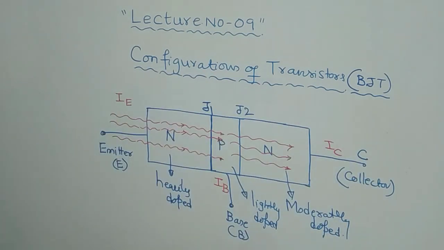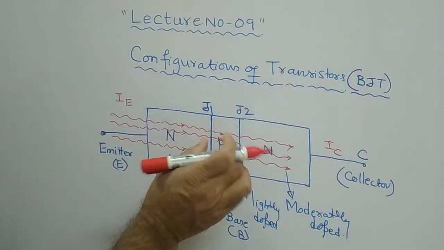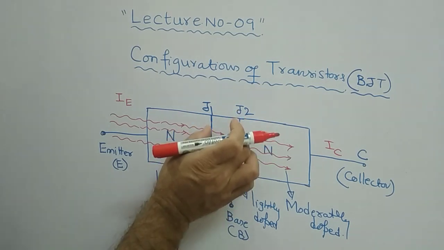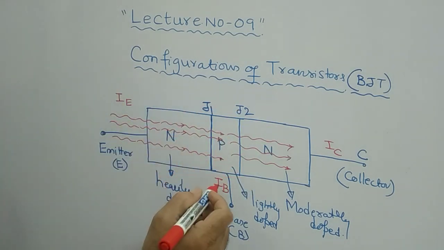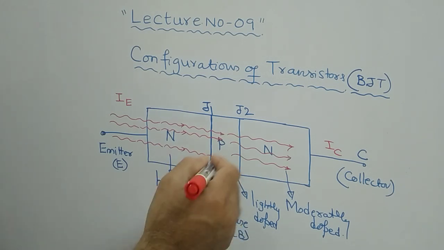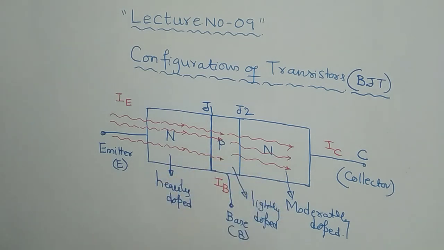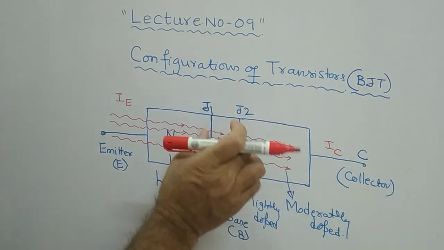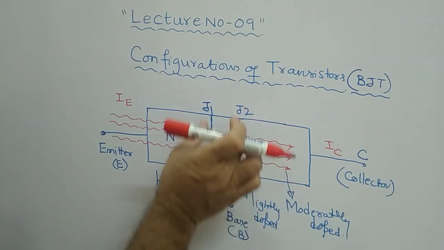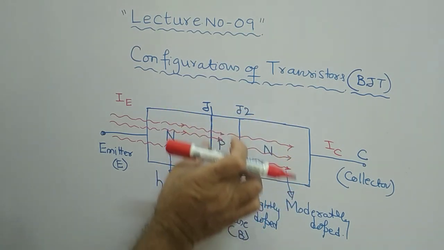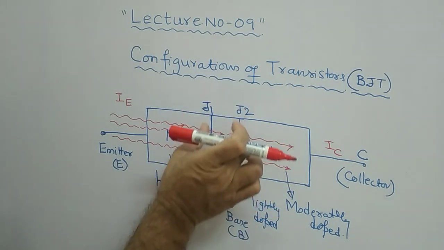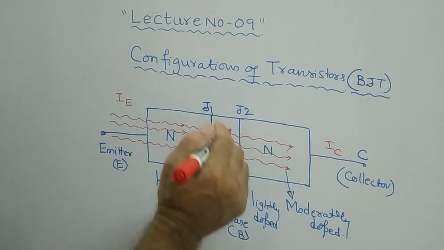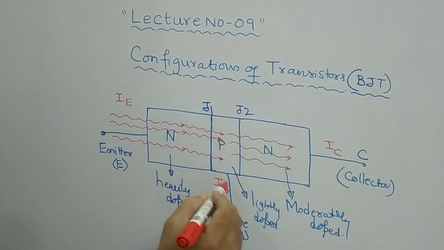As the P-type base layer, the middle portion, is very thin, obviously the base current IB is also very small. Remember that.